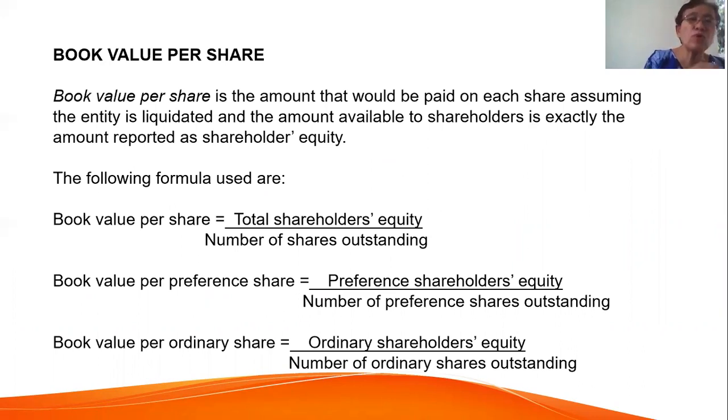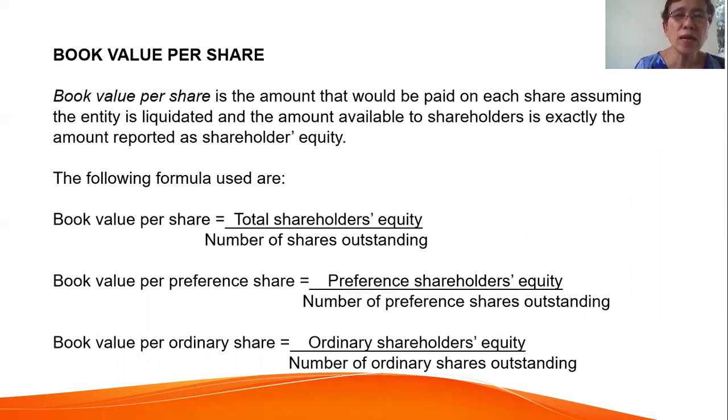What is book value per share? It's the amount that would be paid on each share, assuming the entity is liquidated. And the amount available to shareholders is exactly the amount reported as shareholders' equity.